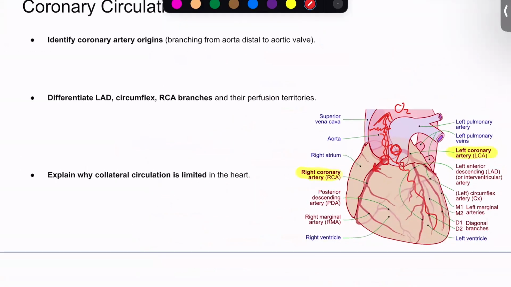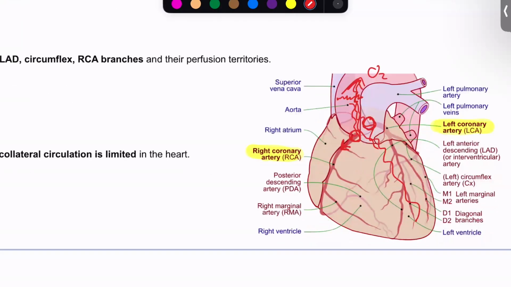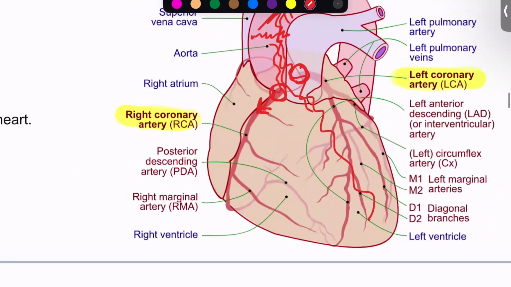And so now if we're going to differentiate between the LAD, the circumflex, and then the right coronary artery branches. So the LAD, sorry, I know it's not very clear, but it's right here. The LAD stands for left anterior descending. It's also known as the widowmaker because a lot of the time you could have a clot right here.